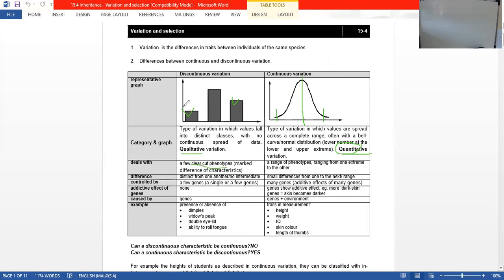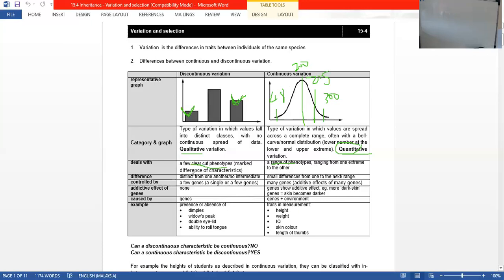You clearly have earlobes, you clearly don't have earlobes. You clearly have widow's peak, no widow's peak. While this one is a range. Say you are here 48 kg, here 300 kg. In between, you still have 200, you still have 215, and so on.